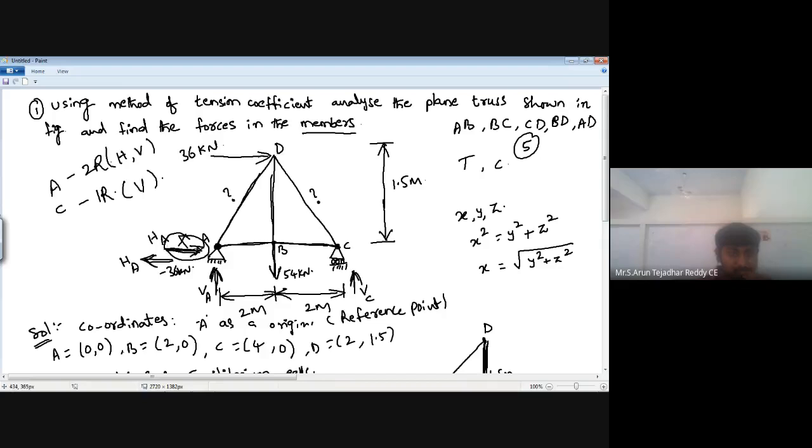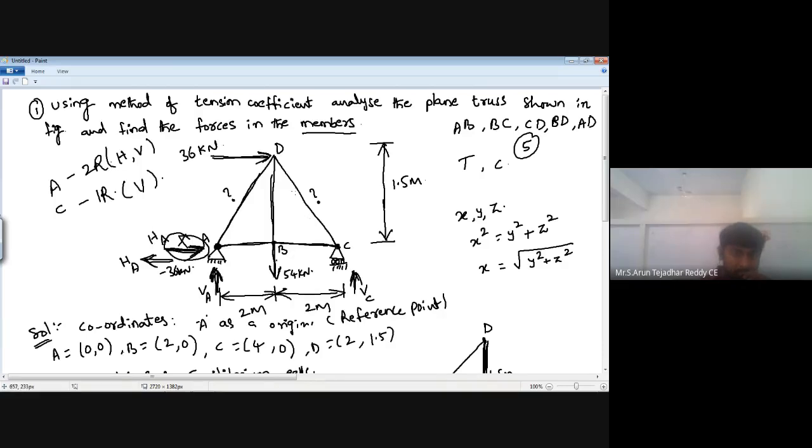It means HA into 0, VA into 0, so don't consider HA and VA here. Except these two, we can consider the remaining forces, that is 54 kilonewton, VC, and 36 kilonewton.